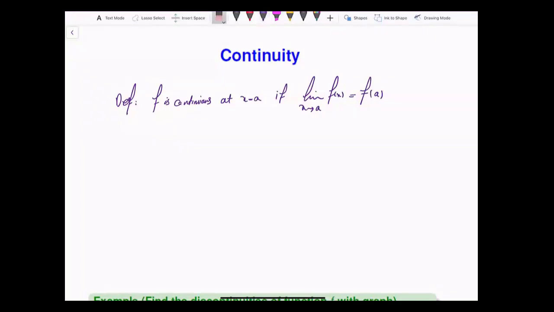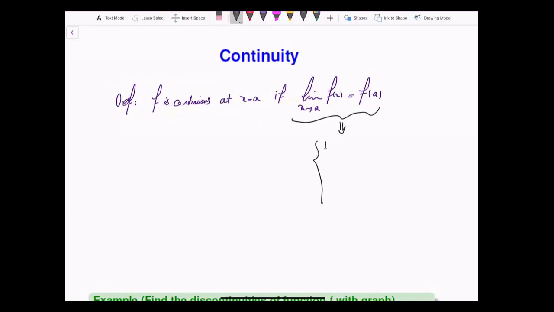What does this equality mean for us? It actually means three different things. First, it means that f is defined at A, and f of A makes sense.